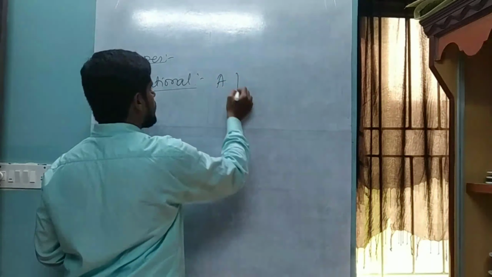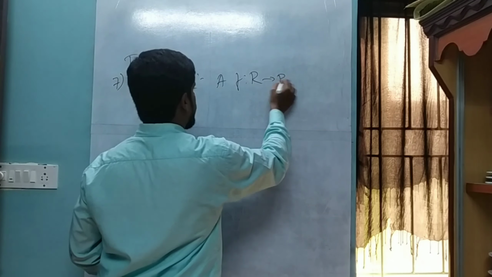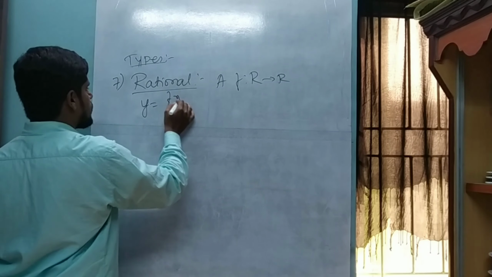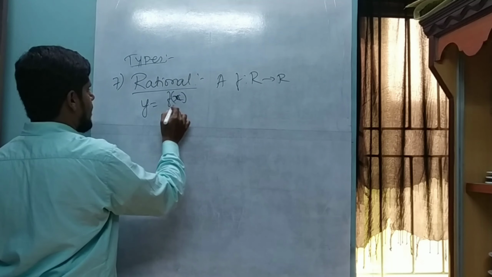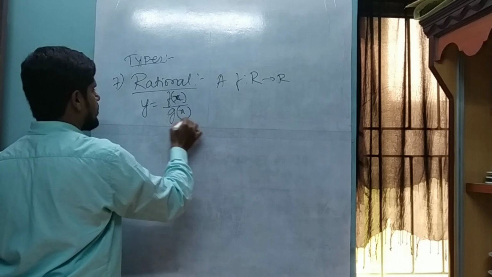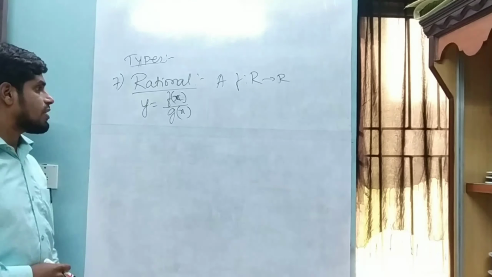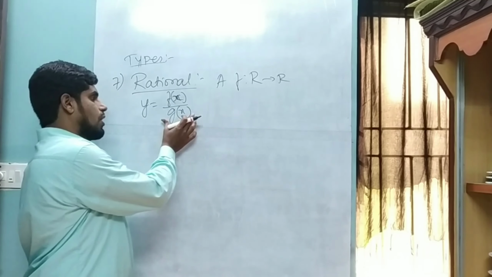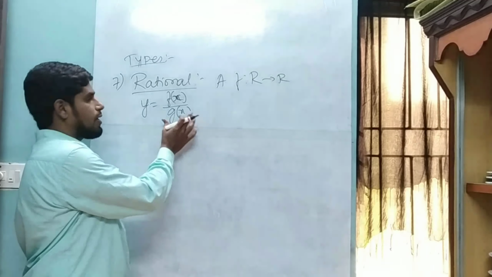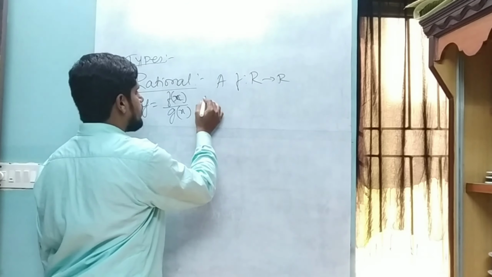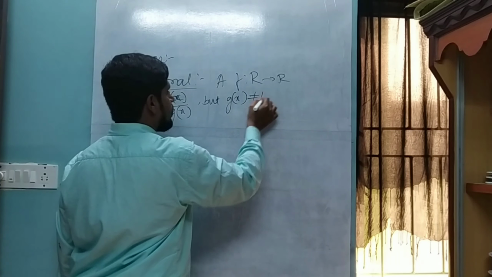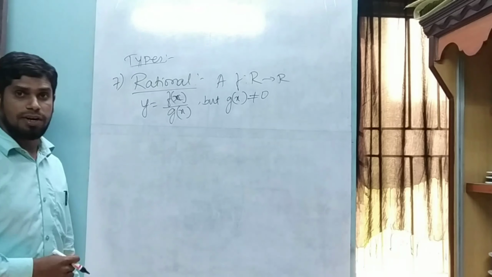A function f from R to R defined by y is equal to f of x divided by g of x. Whenever there is a numerator and denominator, we should be very careful and give more importance to the denominator. But this g of x should not be equal to 0. That is very important here.